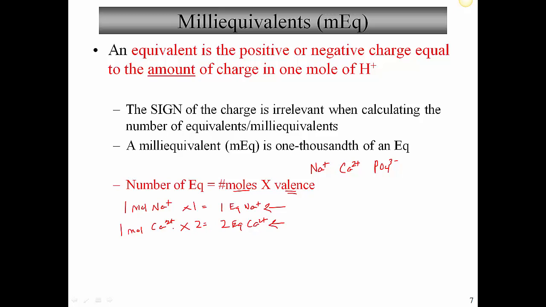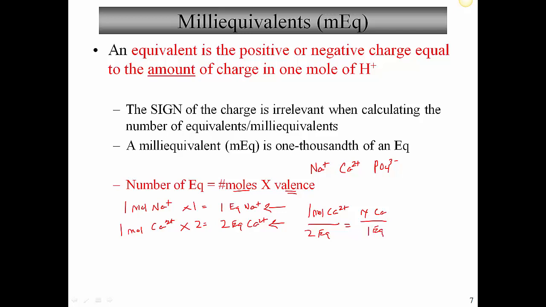So what if we wanted to match up the amount of charges in calcium with the amount in hydrogen ions? We would say that in 1 mole of calcium, we have 2 equivalents. And what I want to know is how many moles of calcium would I need to have one equivalent?